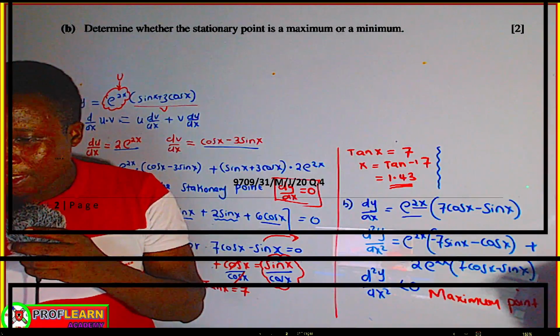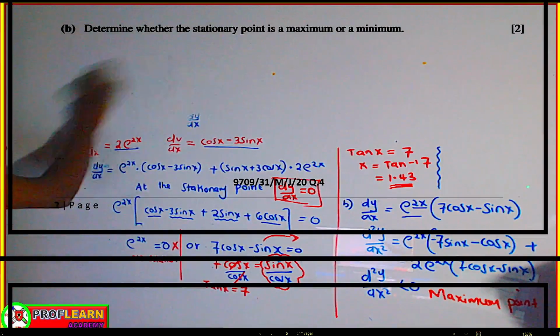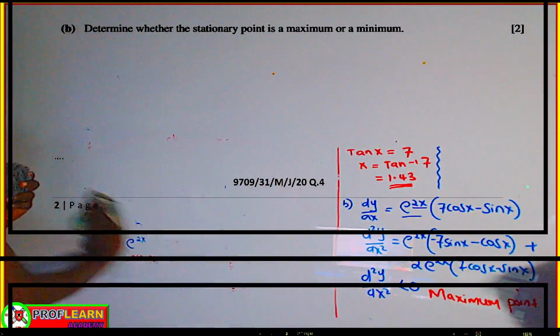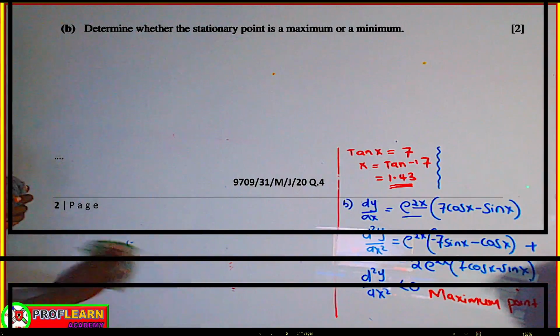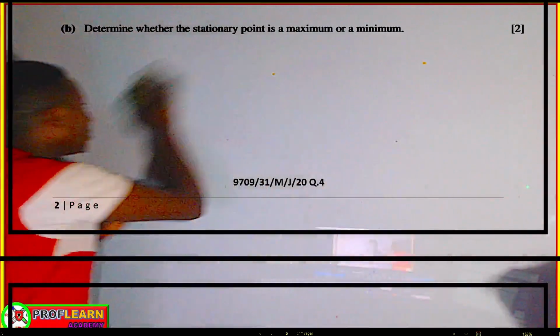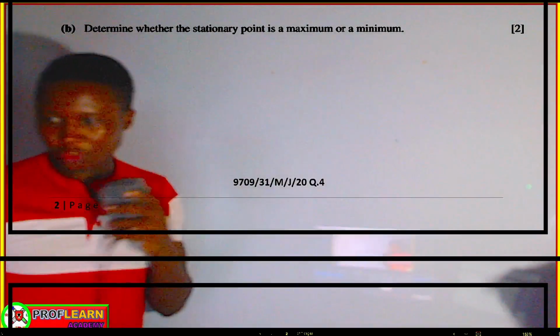So maybe what I can do is quickly take you through another question that you may be given, a question that uses a different technique, so that we can also see how to perform that kind of differentiation question.